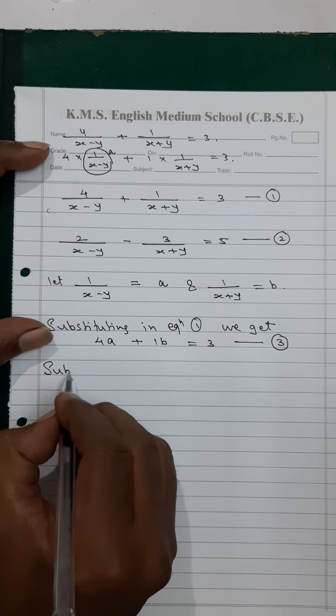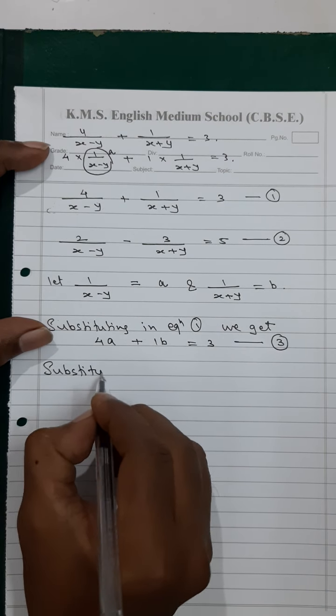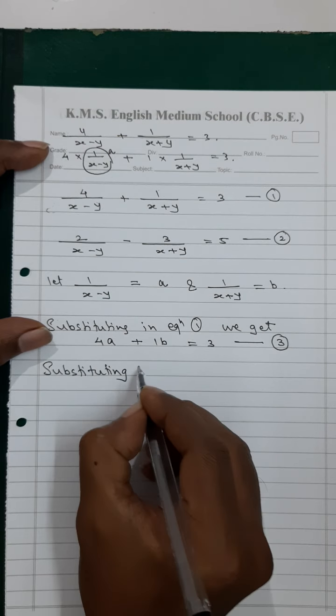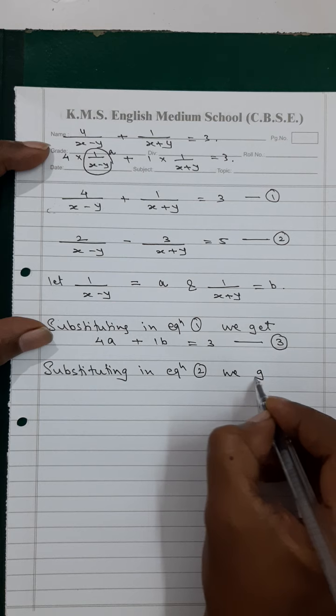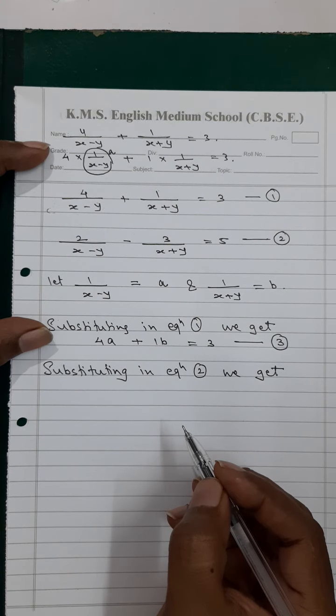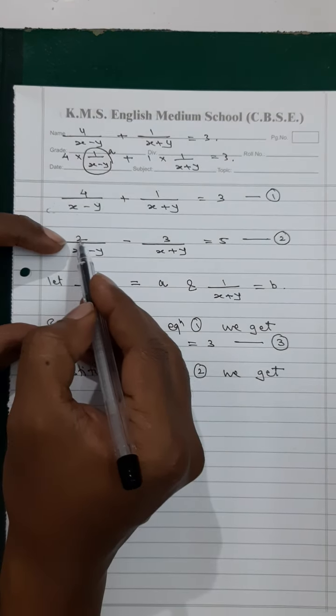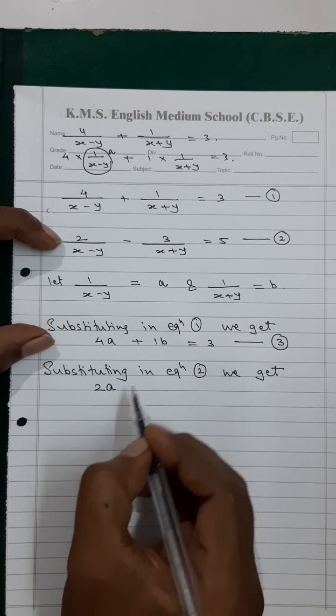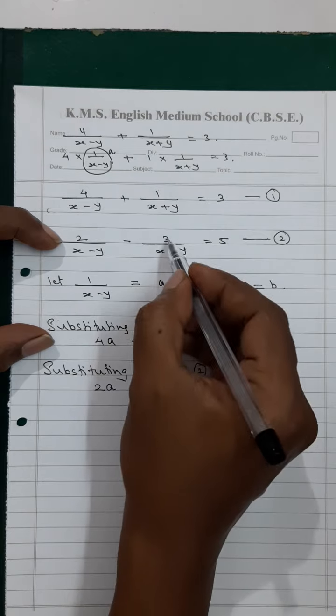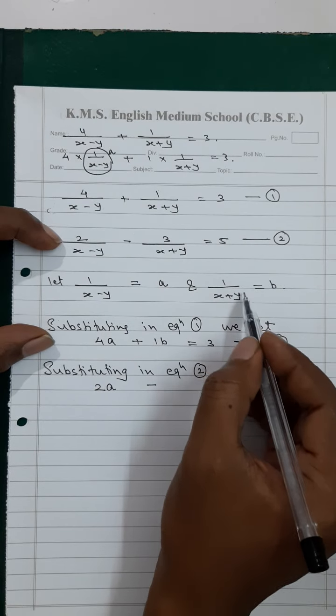Similarly, if I consider equation 2, it will be the same story. See, 2 into 1 upon x minus y will make 2a, minus 3 into 1 upon x plus y, which is b.